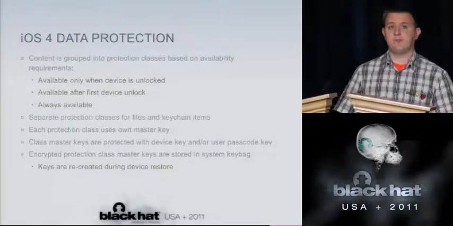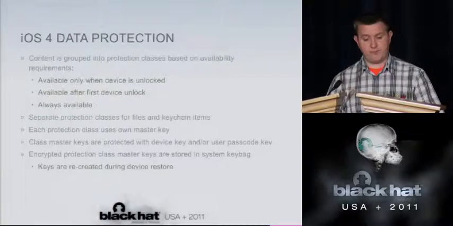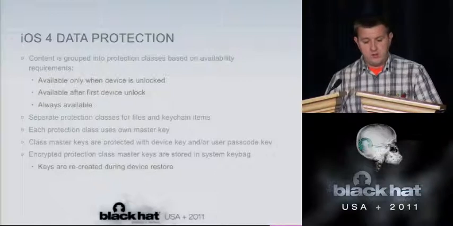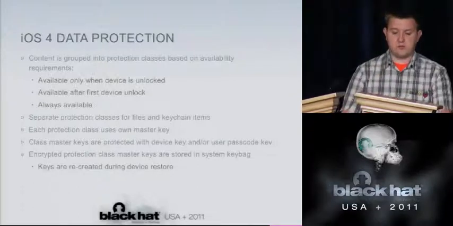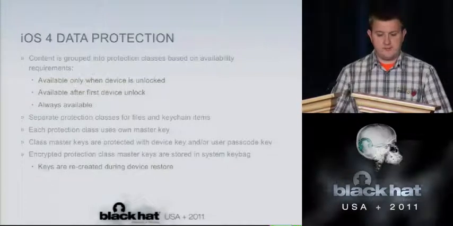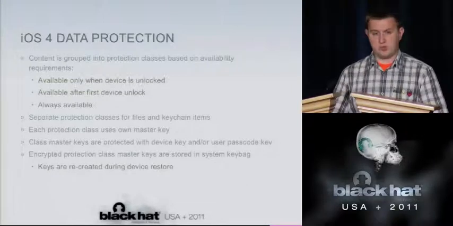iOS 4 introduces a concept of so-called key bags. A key bag is a collection of encryption keys. It also introduces the concept of content protection classes. iOS defines several content protection classes which correspond to three accessibility domains, which are also defined for all the data stored on the device.